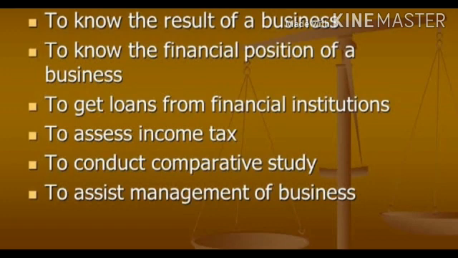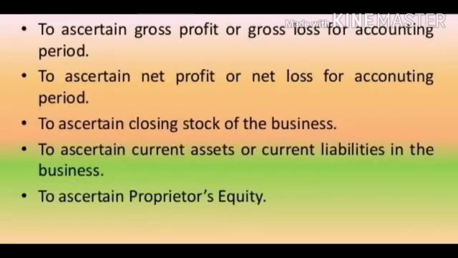Next topic is need of final account, or the necessity of preparation of final account. Very first, final account is prepared to find out the gross profit or net profit, gross loss or net loss of the business. Second, to know the financial position of business during the financial year, or to know the exact financial position in the market.